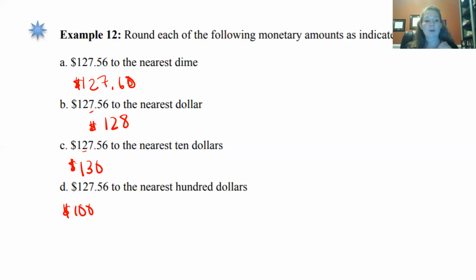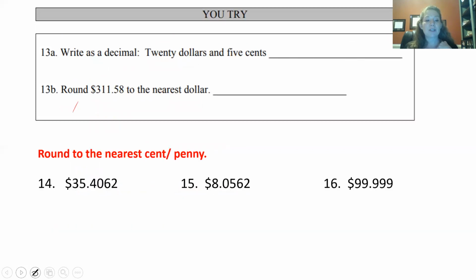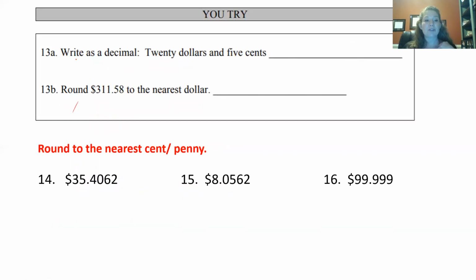So that's money rounded. All right, you guys try. You're going to do those two problems, and then you're going to round to the nearest penny or the nearest cent. So pause. Come back to me, we'll go over the answer, and then I am going to take a short break, and then I am going to have a video following this one.